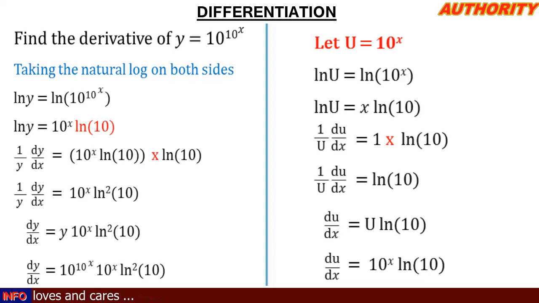So finally, the derivative of y is equal to 10 raised to power 10 raised to power x gives us 10 raised to power 10 raised to power x, times 10 raised to power x, times ln squared 10.